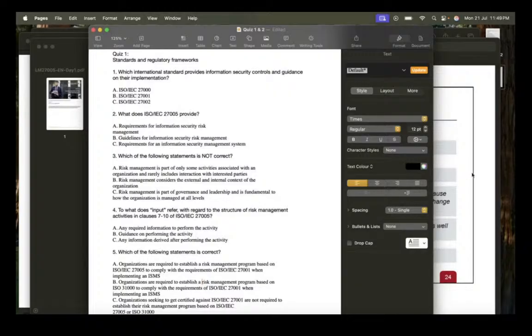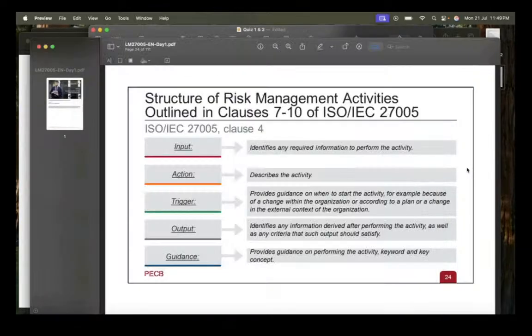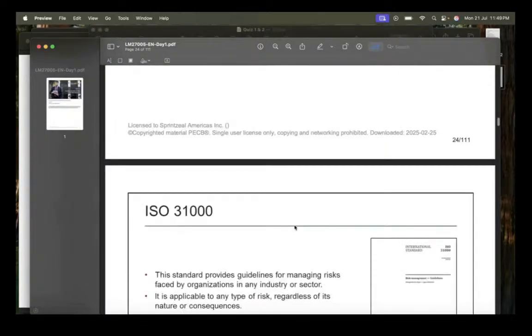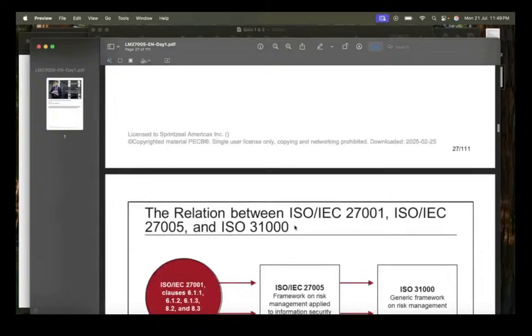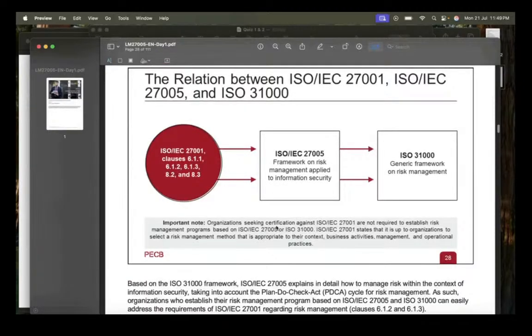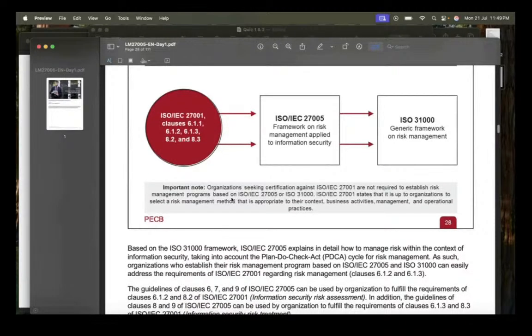So, if you remember, we have discussed this, and I told you that this is an important point as well, where it was mentioned, see, it is mentioned here as well, the relation between these ISO. So here it says that organizations seeking certifications against 27001 are not required to establish risk management programs.